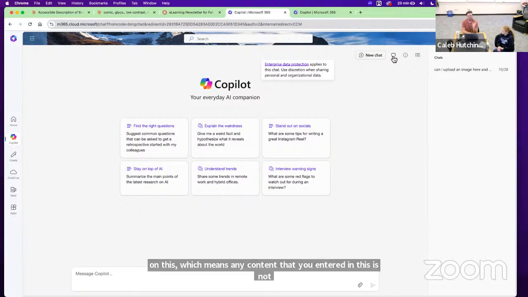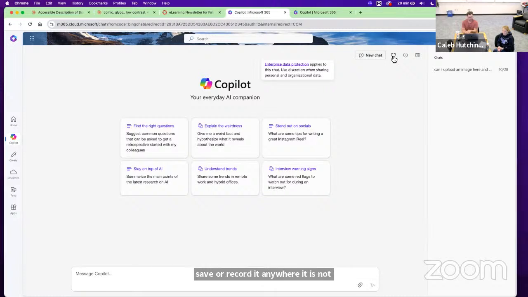It is not fed back into the AI as training data. It is deleted and forgotten about as soon as you're done with the chat. So there is some level of protection there.